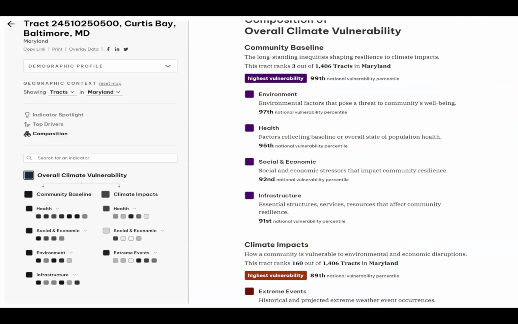The baseline ranks third out of 1,406. In terms of environment, it's 97, health 95, social and economic 92, and infrastructure 91, and the climate impact is ranked 160, which is relatively okay.